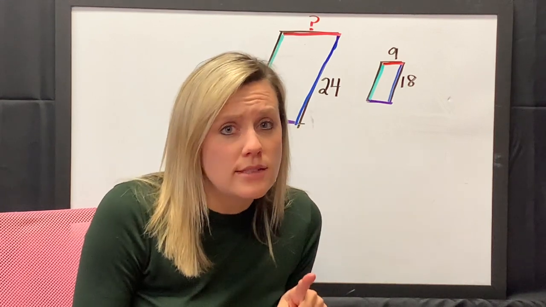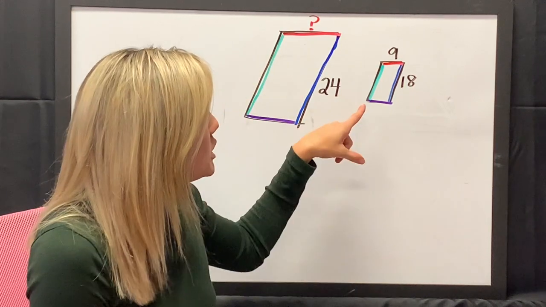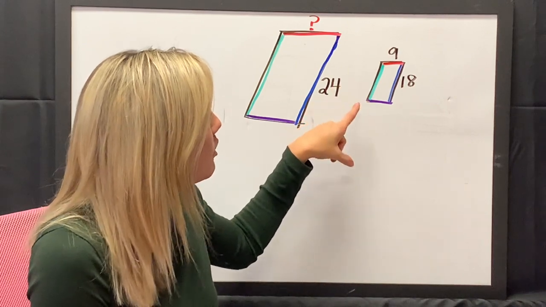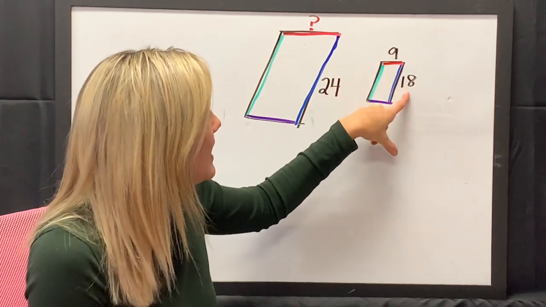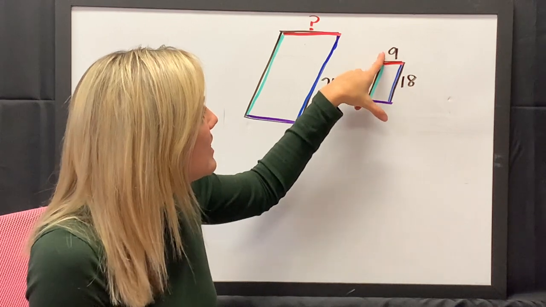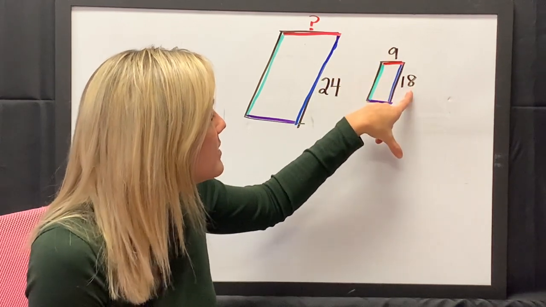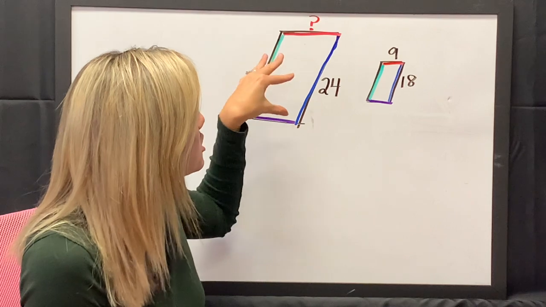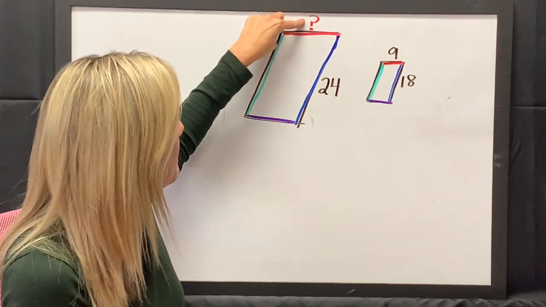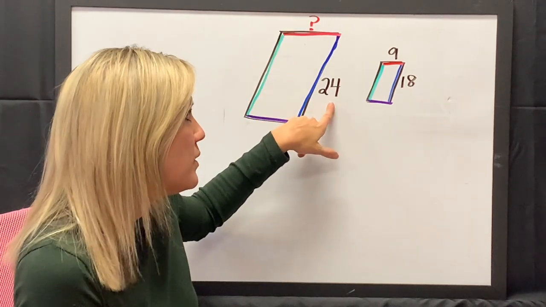And what I notice is this ratio inside this smaller shape, 9 to 18, I notice that this is half of this. So if we look at our larger shape, this side length up here should be half of what this is.